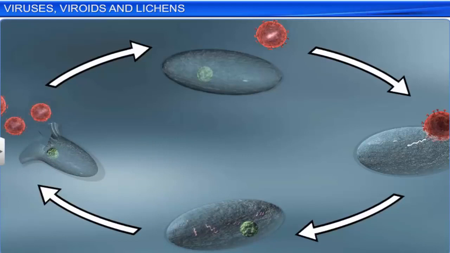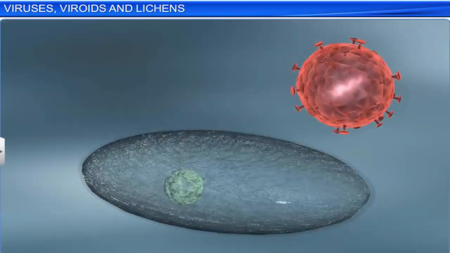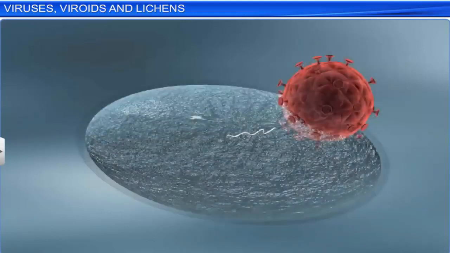In this process, the host cell is killed. Though a virus remains inert outside its host cell, it cannot live independently without its host. Thus, viruses are known as obligate parasites.